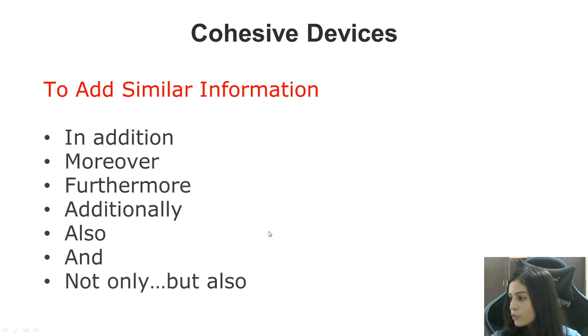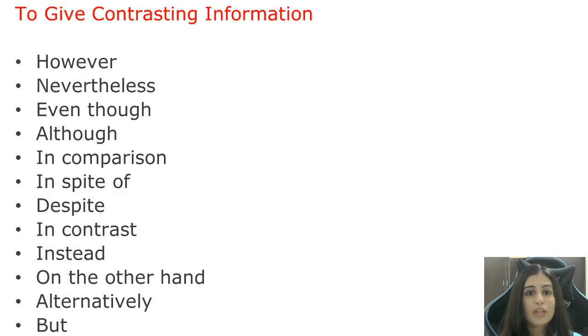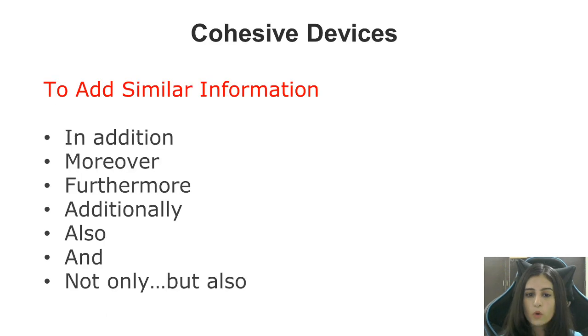Okay, should we move ahead? Okay, so this is for adding similar information. Now to give contrasting information. Okay, before we go on, you guys tell me what are the connectors that we can use to give contrasting information? What all can you give?